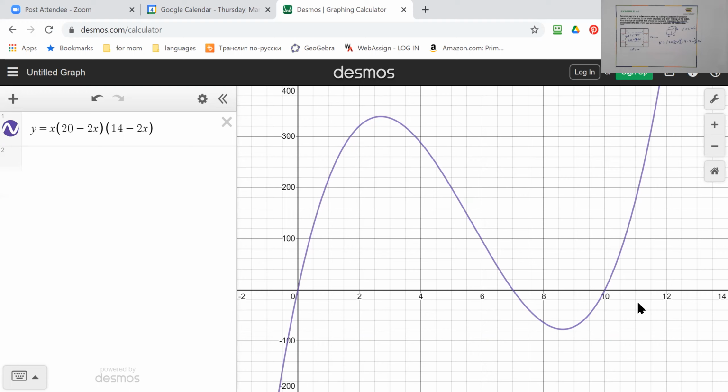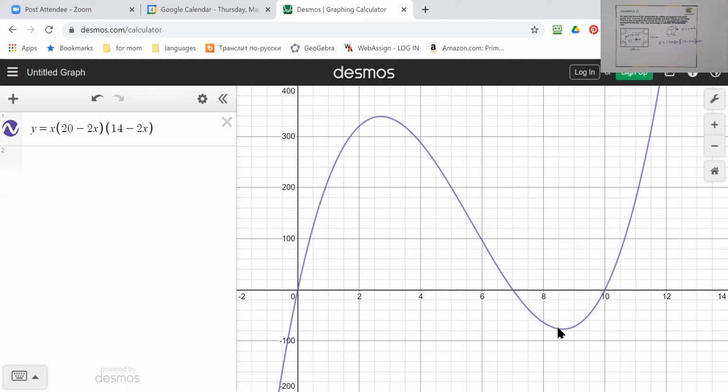Now, when you're looking at functions and solving applied problems, you have to think of what makes sense. Do we really get a negative volume here? Because y represents volume, right? And here we have negative values. Why is it happening? Well, if you look at our box, the width of it is 14 centimeters.